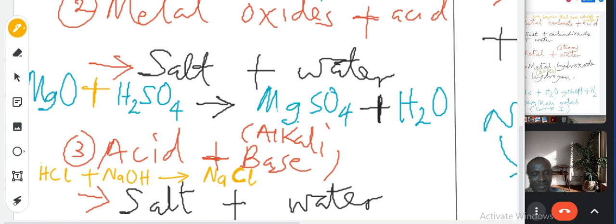The valency for sodium is 1 plus, chlorine is 1 minus. So it's just NaCl.